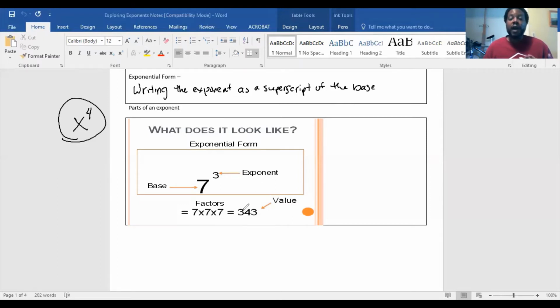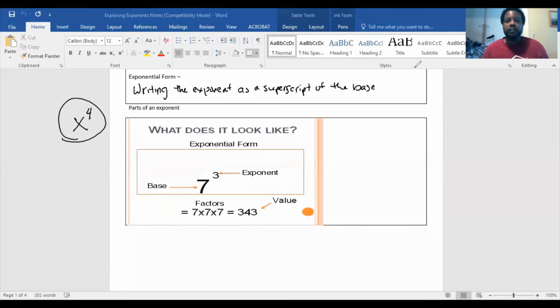So that is how I express exponential form and how I evaluate an exponent. I take my base, and my exponent tells me the number of times I'm going to have that base as a factor. And then I just multiply those factors together to get my value. It is just that simple.